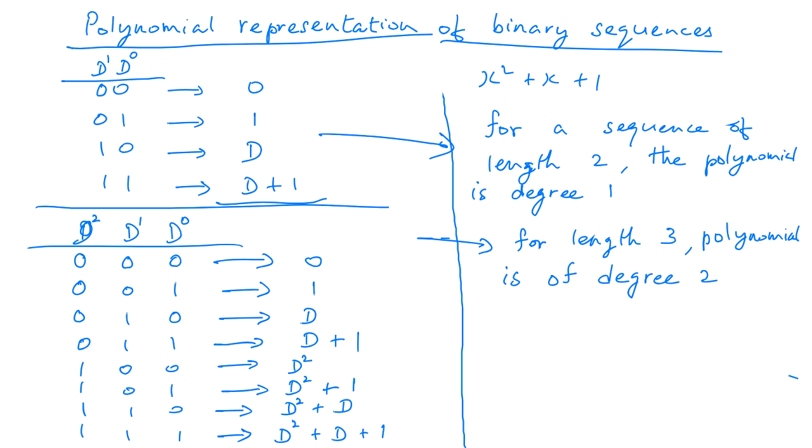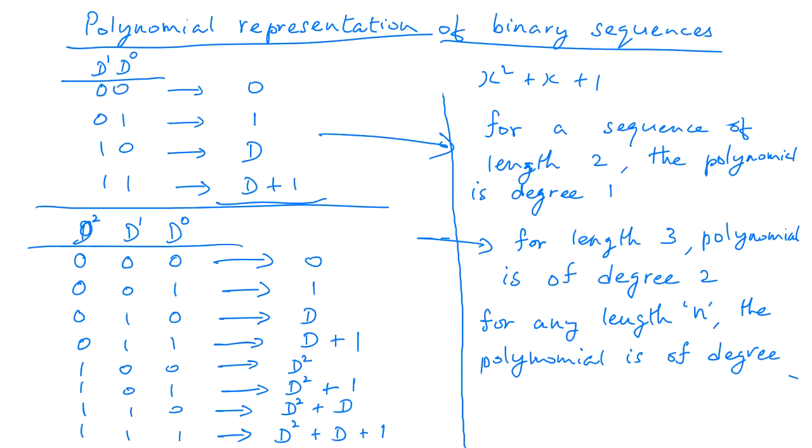So in general, for any length n, the polynomial is of degree n minus 1. Okay, so when n is 2, the degree is 1. When n is 3, the degree is 2, and so on.